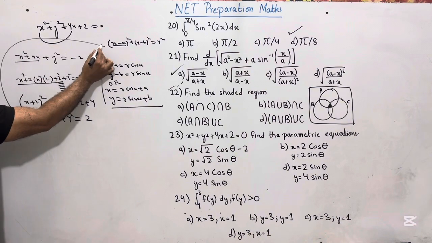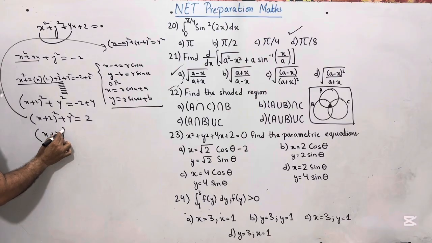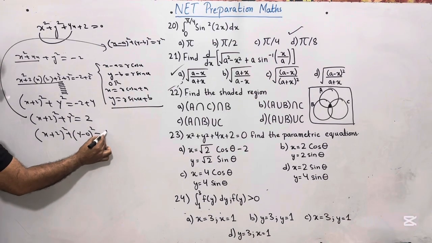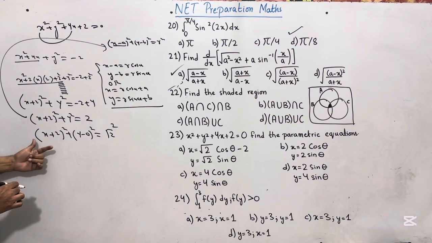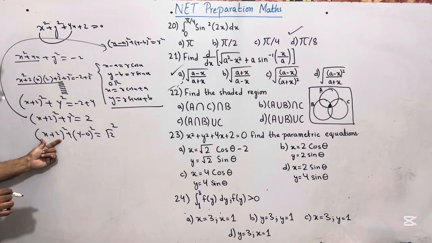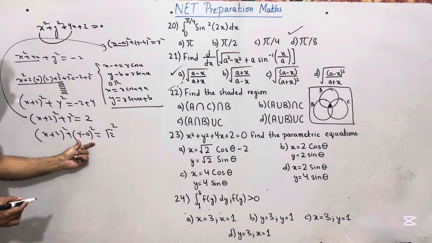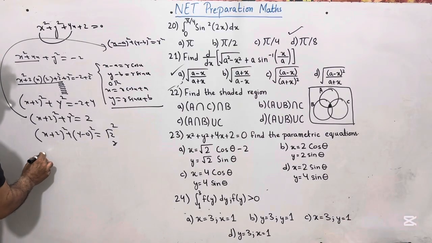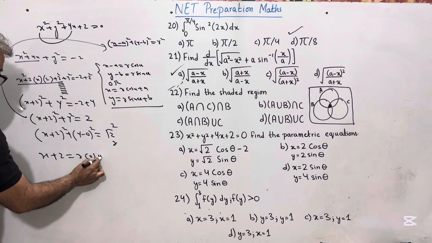Transforming this equation into this form, we have x plus 2 whole square. Instead of y, I can write y minus 0 whole square. Instead of 2, I can write root 2 square. Now I take x plus 2 instead of x, y instead of y, and that's my radius. Taking x, I have x plus 2 is equal to r cos theta.